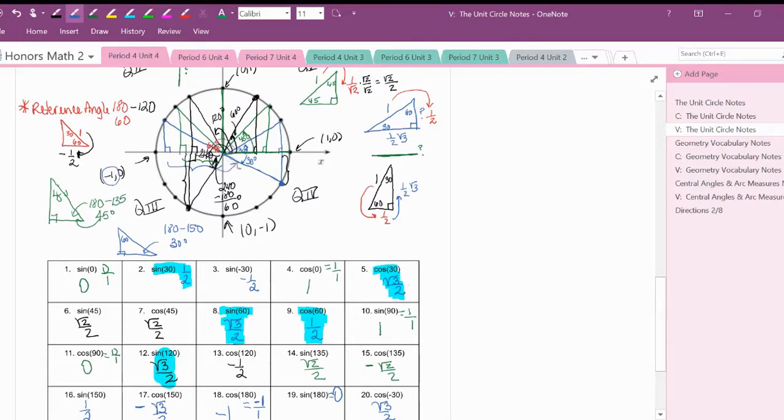So this one would be 330 with a positive. Our reference angle would be 360 minus 330, or 30 degrees. And we have all that information. Here we notice that the y-coordinate is negative, so the sine ratio will be negative and the cosine will be positive.